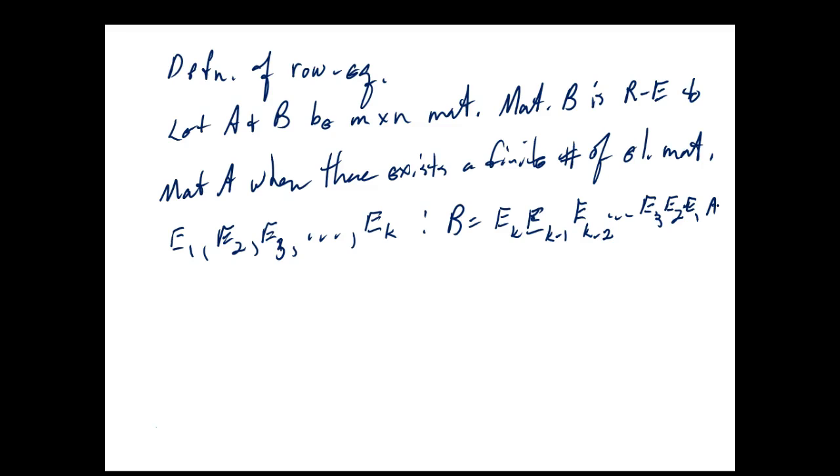If B can be obtained by multiplying A by a finite number of elementary matrices, then A and B are row equivalent.